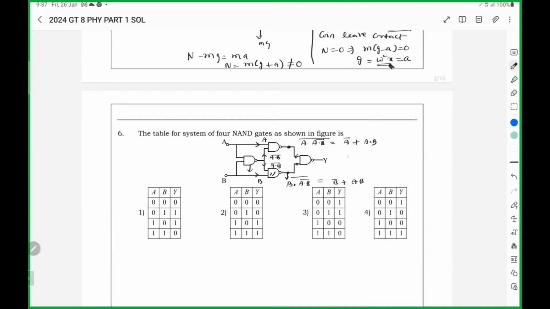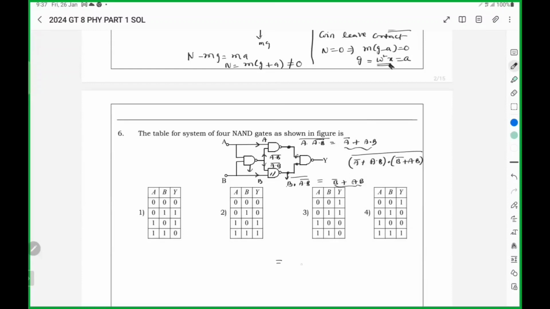Now Y will be, again, these two signals are sent along this NAND gate, A dot (AB) bar plus B dot (AB) bar, negation of this.